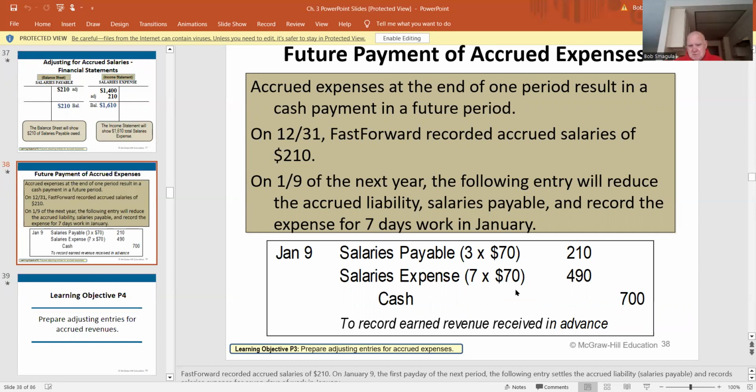They paid the $700. So at that point, we will debit the liability account for 210 because we've already recorded that expense, and we record the rest of it here, the $490, and the total cash $700.